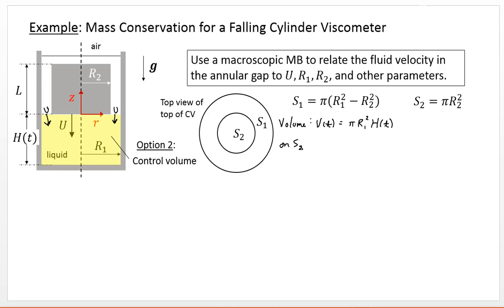On S2, as we had before, the surface velocity is equal to minus U ez, and the fluid velocity is equal to the solid velocity due to the no penetration boundary condition.